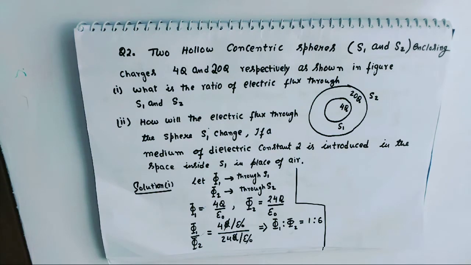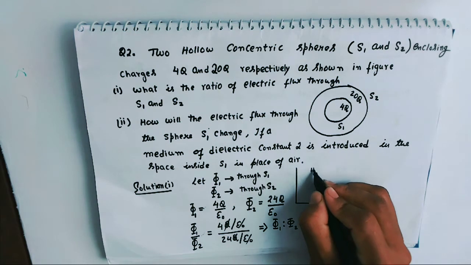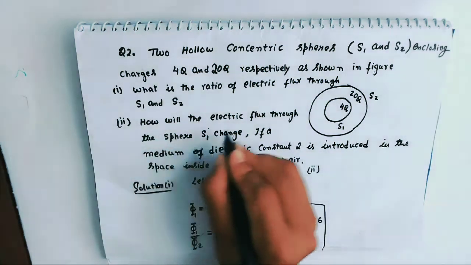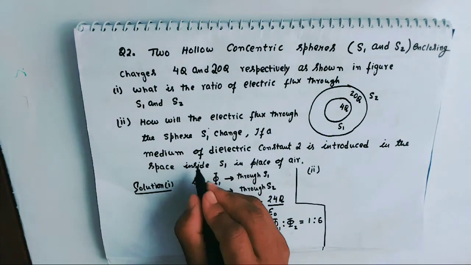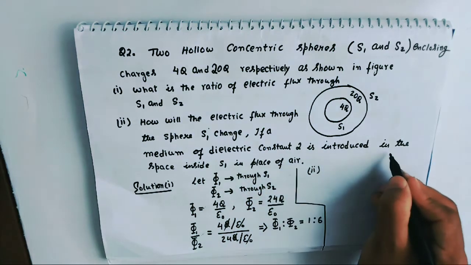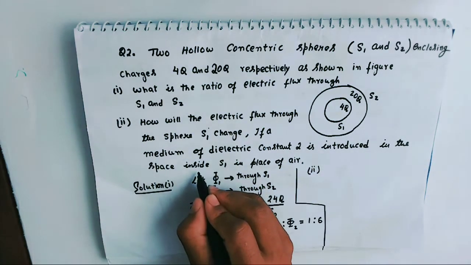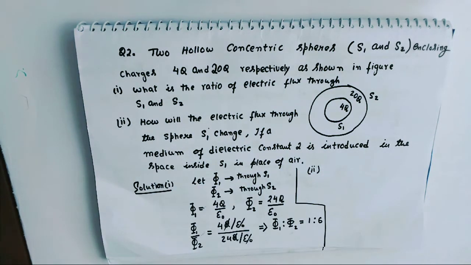The second question says, how will the electric flux through the sphere S1 change if a medium of dielectric constant is introduced in the space inside S1, instead of air?